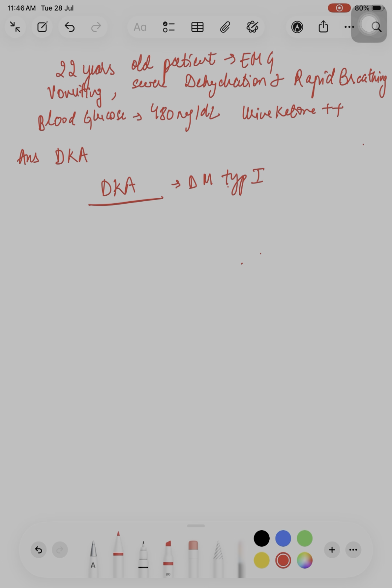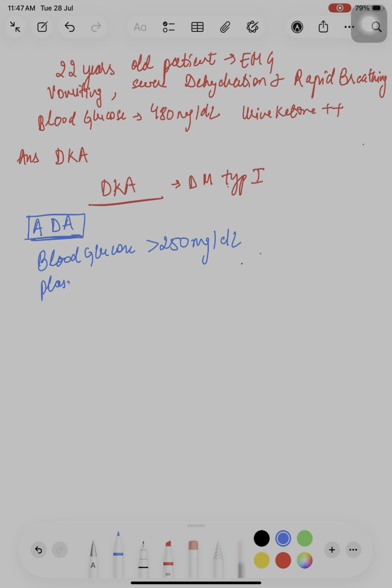Next is the definition of diabetic ketoacidosis proposed by the American Diabetes Association, the ADA criteria. According to it, blood glucose should be more than 250 milligram per deciliter. Next is plasma bicarbonate, which should be less than 18 milliequivalent per liter. Then plasma pH should be less than 7.30.